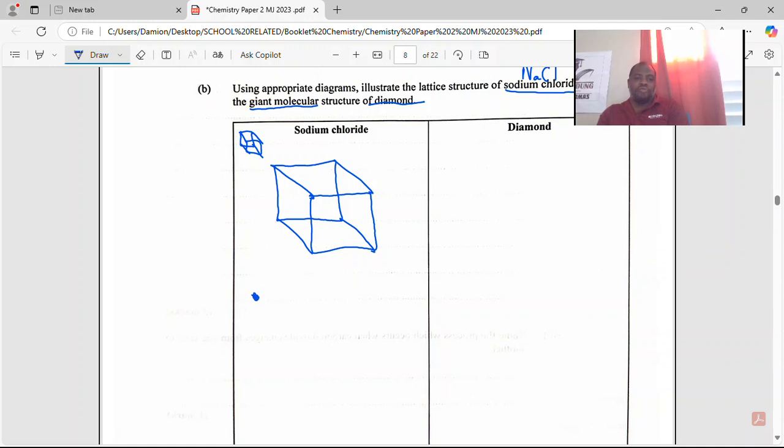So if we're using dots to represent the chloride ion, and we're using that to represent the sodium ion, then it's looking something like that.